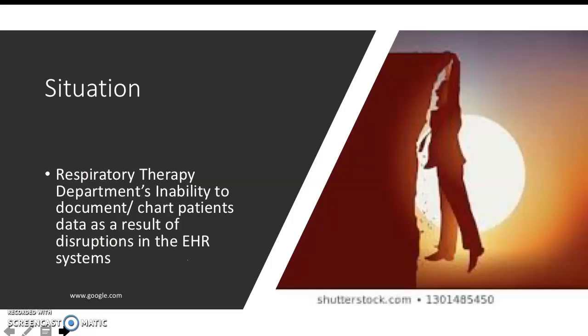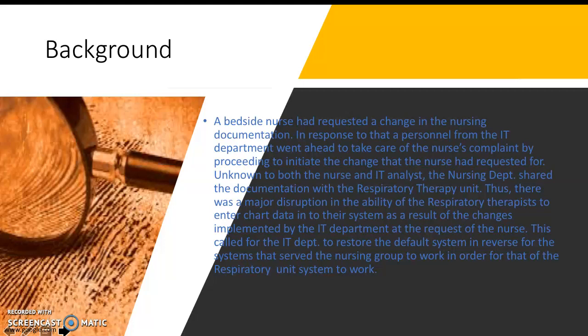Okay, so the situation we had here was simply that the respiratory therapy department was unable to document or chart patients' data as a result of disruptions in our ER systems. Now, what caused that? As the background case, a bedside nurse had requested a change in the nursing documentation.